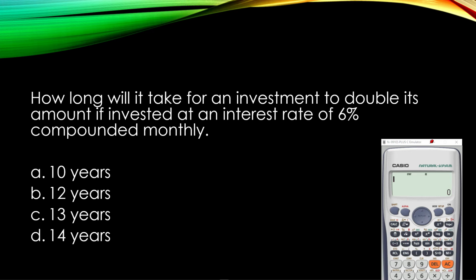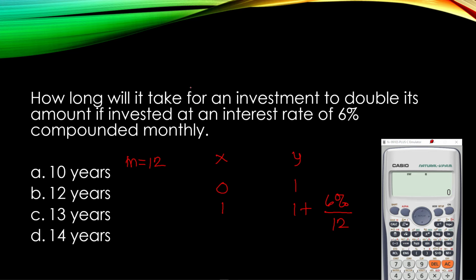Now, since this is compounded monthly, we could just say that our M is 12. Then, yung table natin, same pa rin. Okay, 0, 1, and then 1, 1 plus 6% divided by 12. Kasi nga, 6% this is our rate, and then divide natin ito by 12, yung M natin.